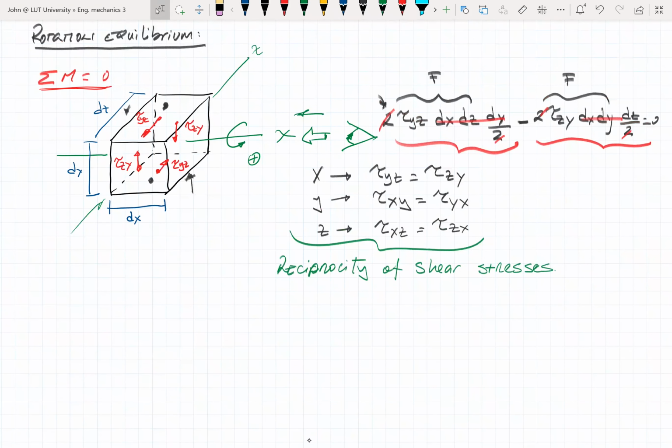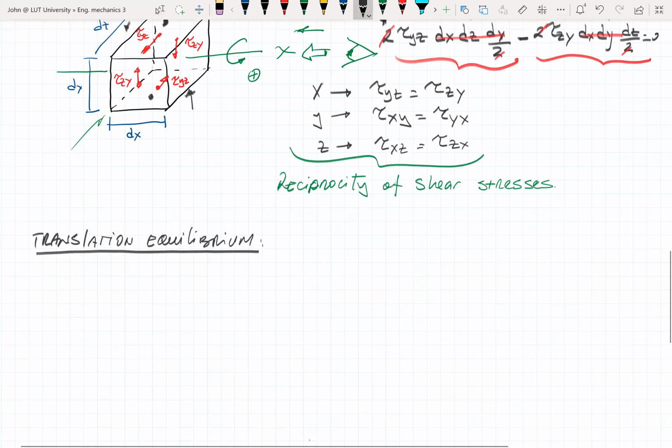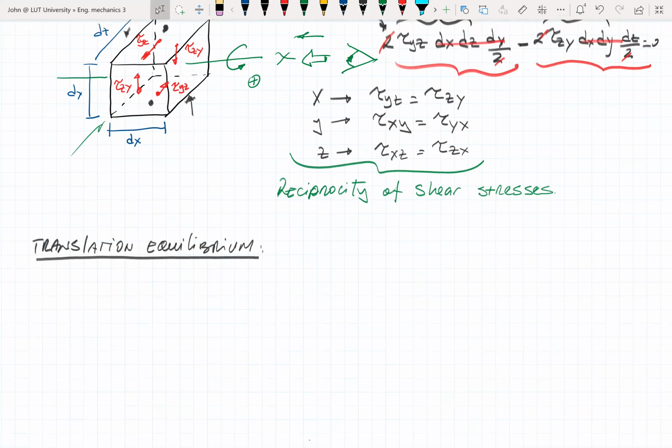Now let's talk about the translation equilibrium. This is also going to bring us very interesting relationships.